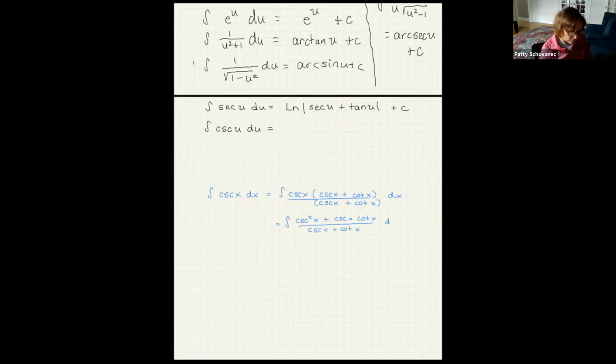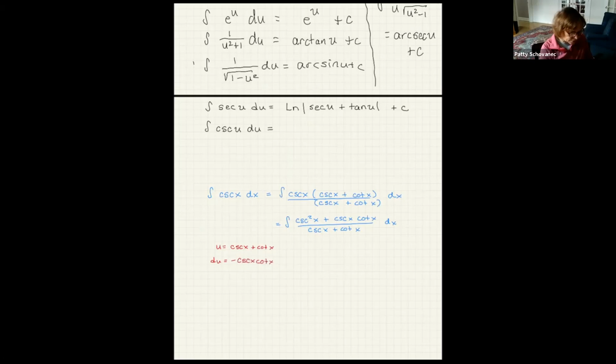Just like we did before. And we did that, and it turned out that the derivative of the bottom was essentially the stuff on the top. That's going to happen again. I'm going to pick u to be the bottom, and then its derivative, it's going to be negative. Derivative of cosecant is negative cosecant of x cotangent of x.